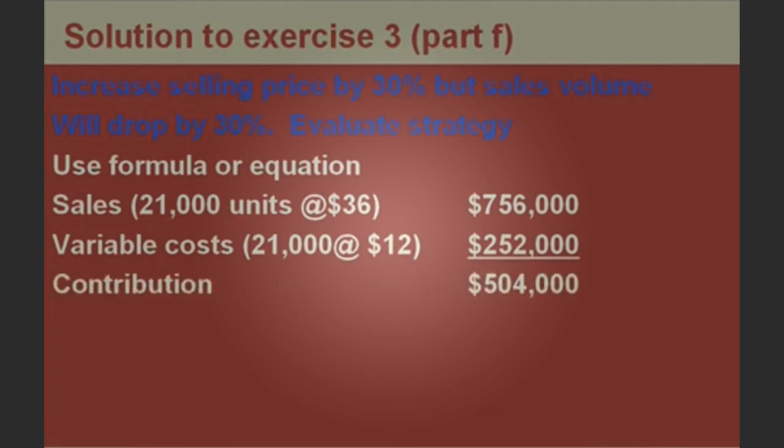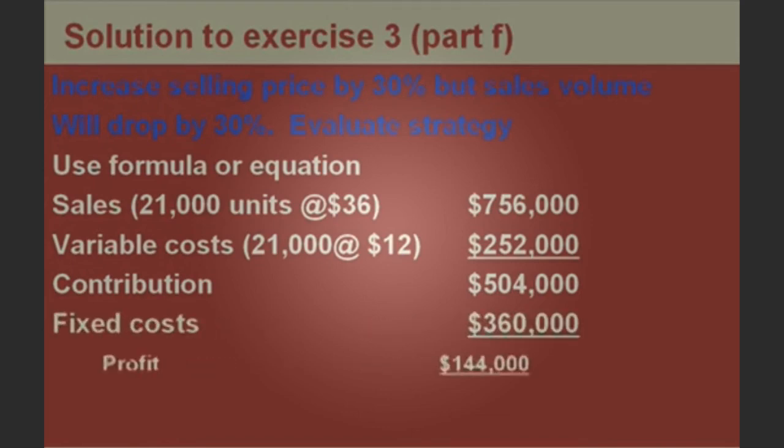The contribution is 504 if you subtract, and the fixed cost is 360, so the profit is 144. So what's your conclusion? Originally it was 180,000, now it's gone down to 144,000, so it's not a good strategy. It's not beneficial to the company. Let's look at part G.